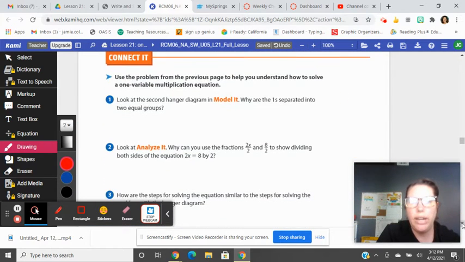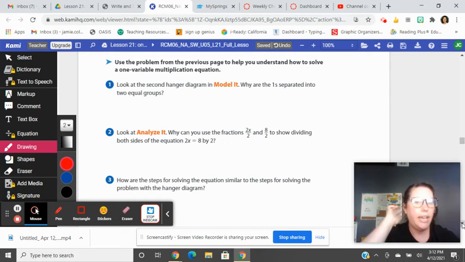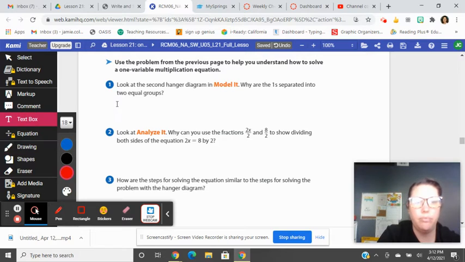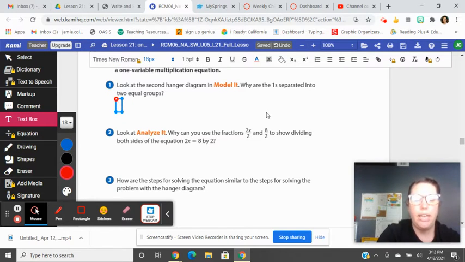Okay, page 489. Look at your second hanger diagram. Why are the ones separated into 2 equal groups? So let's go ahead and restate the question.